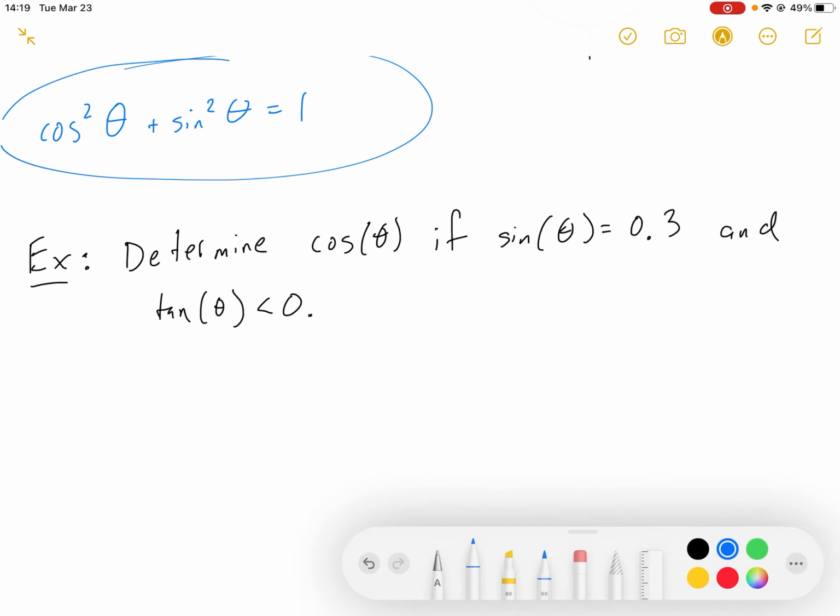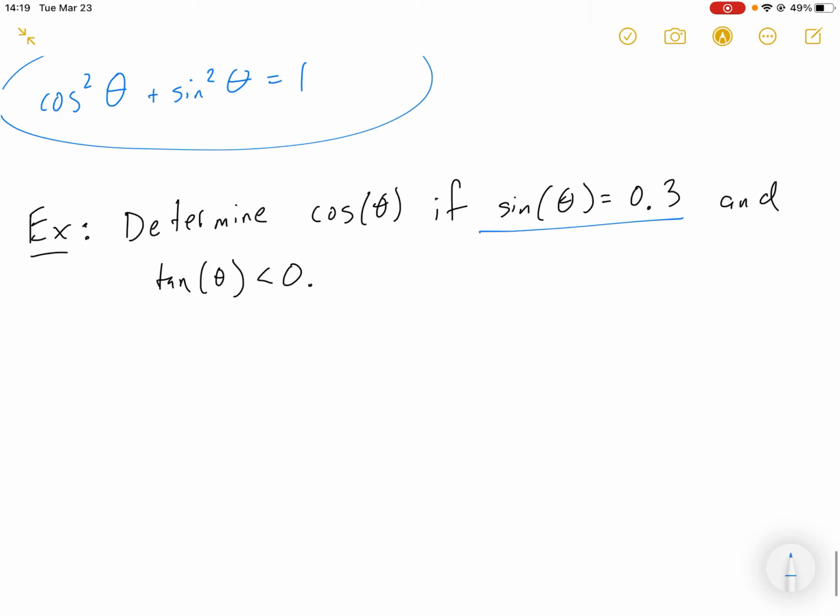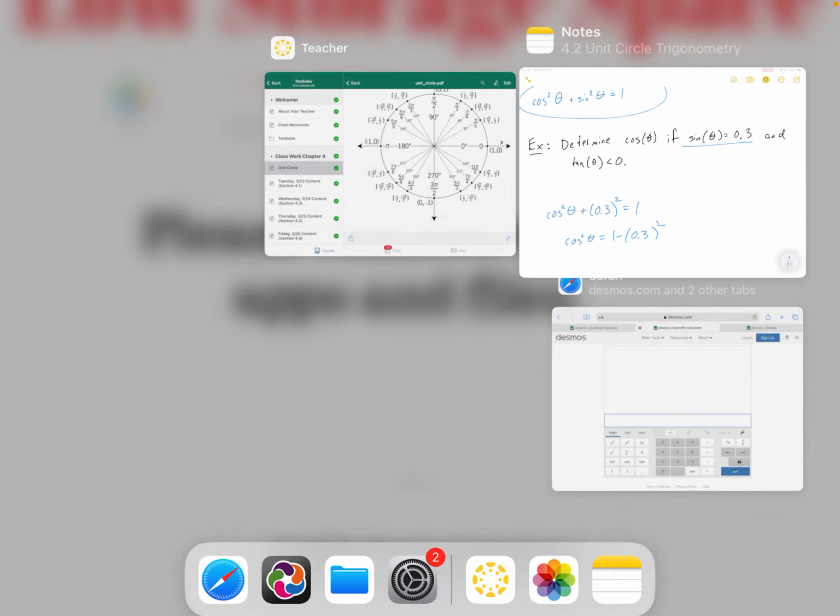You start off by using this first bit of information. You'd say, well, I know cosine squared of theta plus sine squared of theta equals 1. So therefore, cosine squared of theta equals 1 minus 0.3 squared.